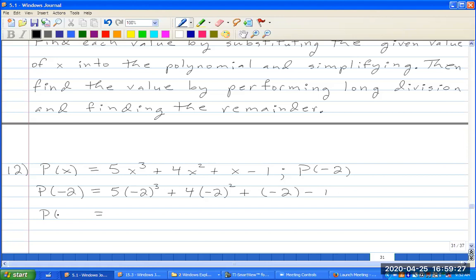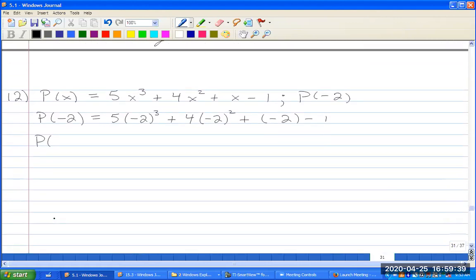And so p evaluated at -2 is just 5 times -8, -40, plus 4 times 4, 16, minus 2 minus 1. And so p at -2 is -27.